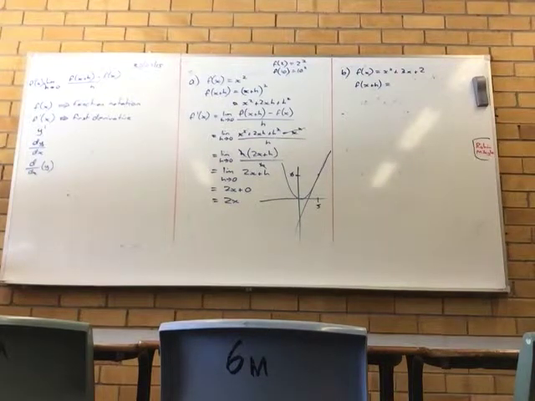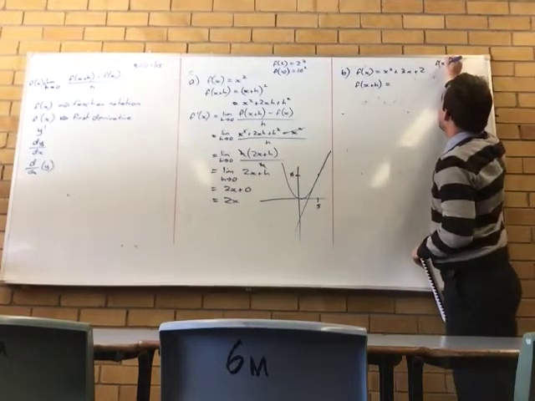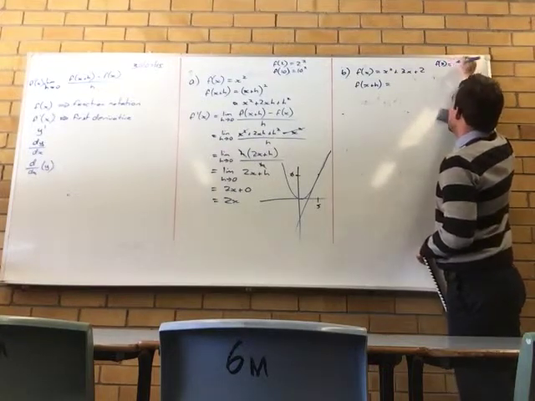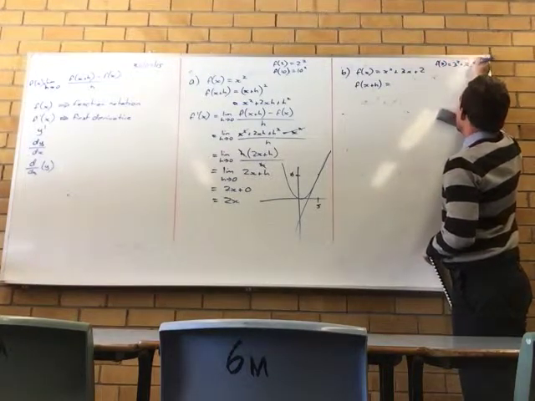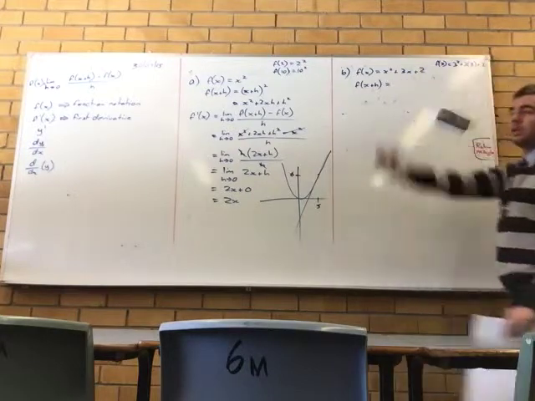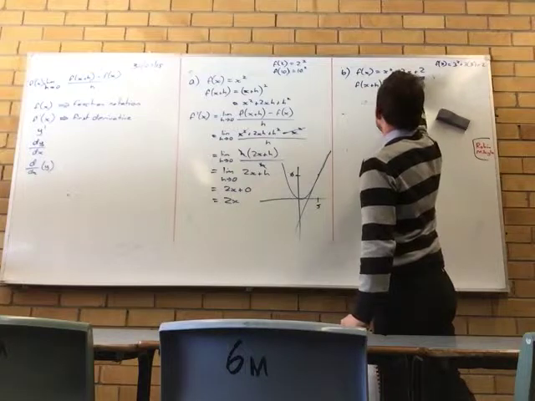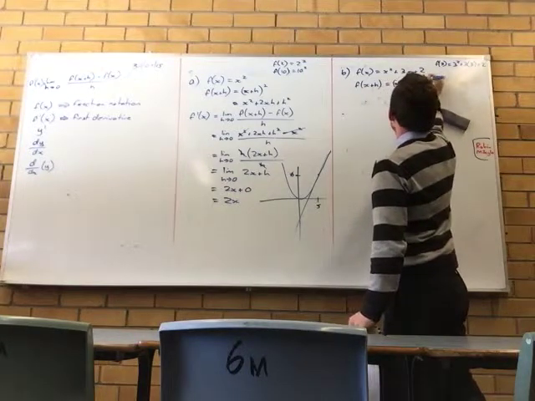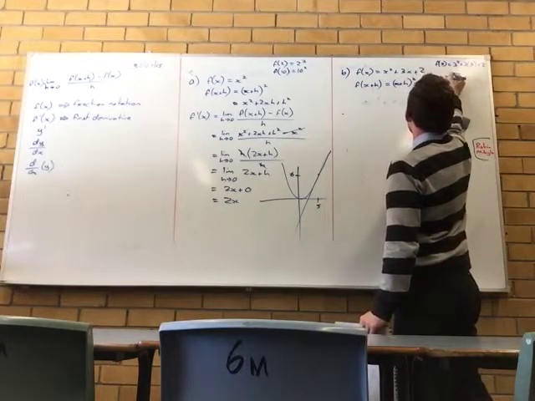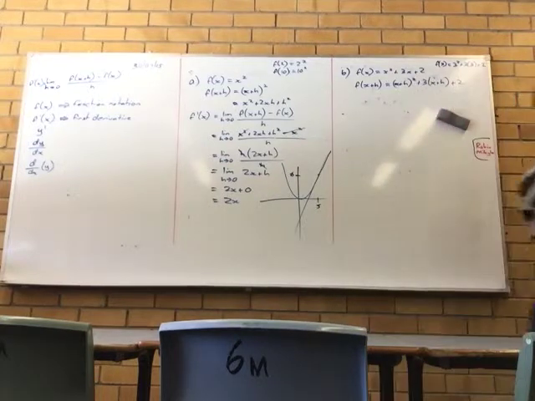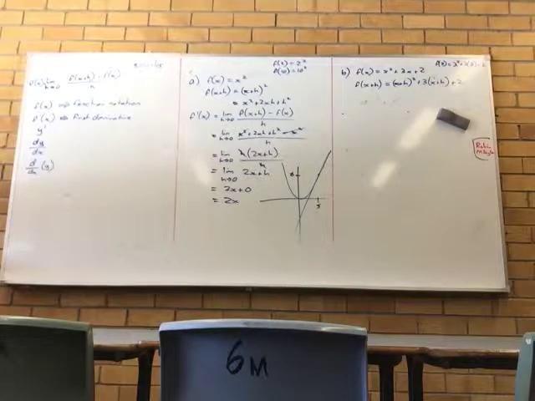If I was substituting in f of 3, it would equal 3 squared plus 3 lots of 3 plus 2. So for x plus h, we'll have x plus h all squared plus 3 lots of x plus h plus 2. Tidy that up.